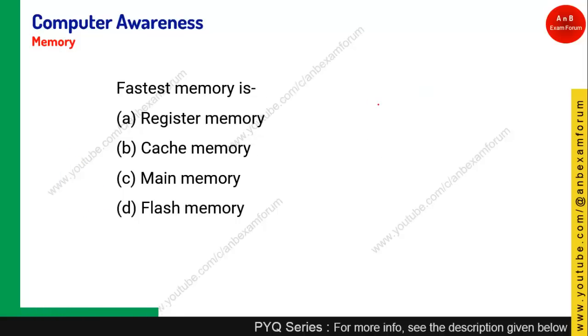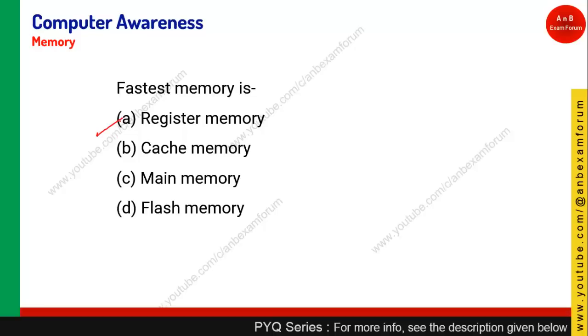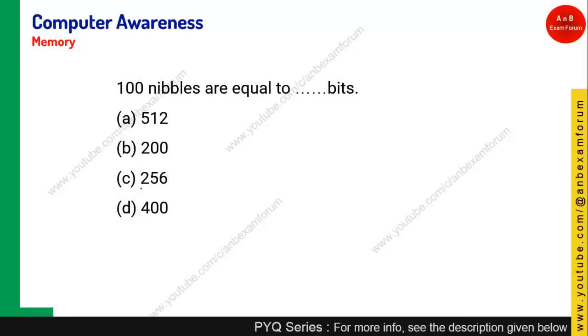Coming to the next question, this we have already seen. I have told you that there are various kinds of memory, and out of these the register memory is the fastest memory. After register, the second fastest is cache memory, after that main memory, after that flash memory. So the order will be the same, so option A is the right answer.